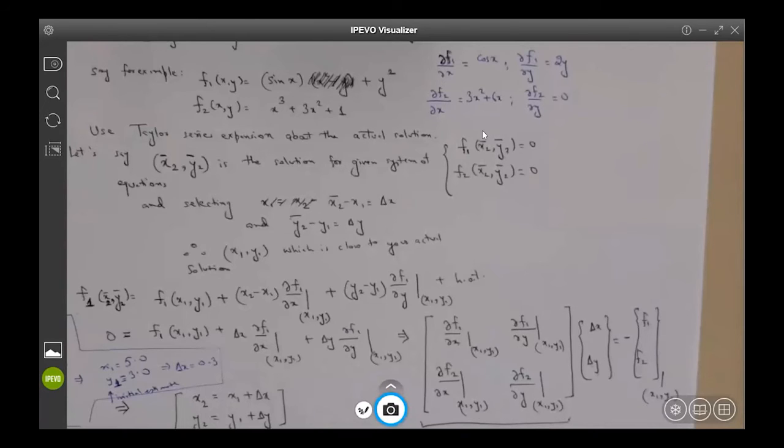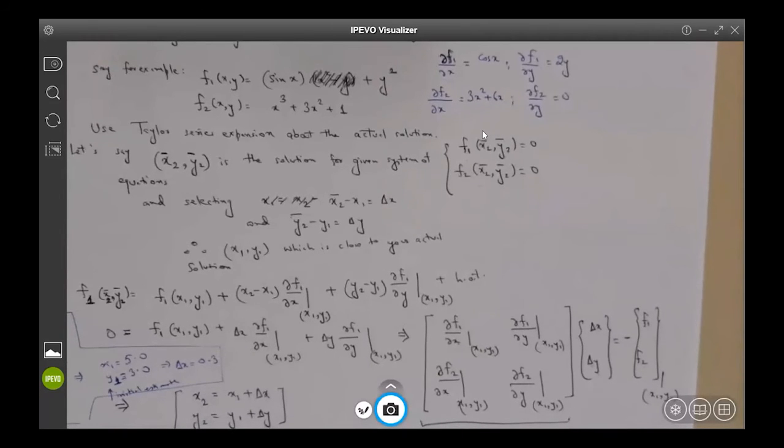Have you opened that specific example? I just wanted you to look at the functions f1 and f2 that are defined.